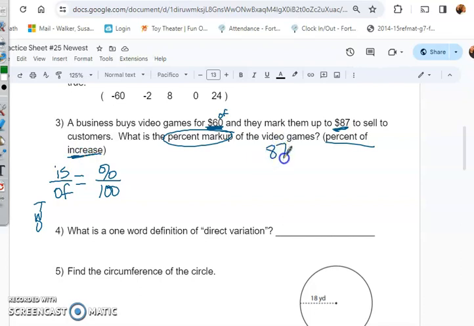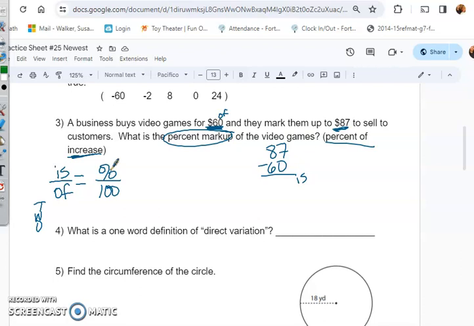Well, we're selling it for 87, but we purchased it for 60. I'm doing this over and over, but I need you to remember, that will be your is. And I don't know the percent, so you will put an X right here. I have given you every blank to do is over of. Please plug it in and cross multiply.